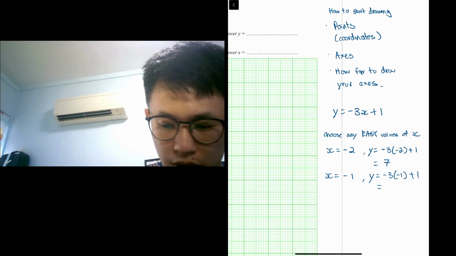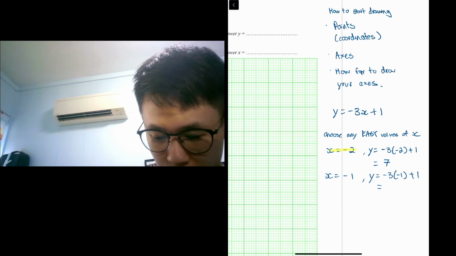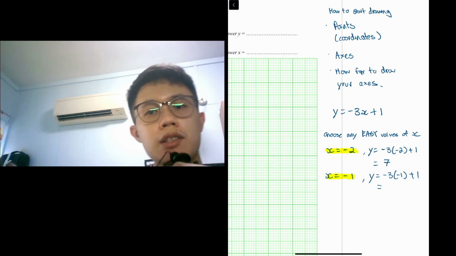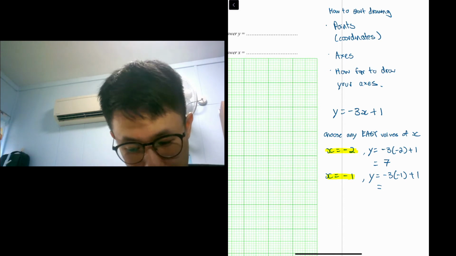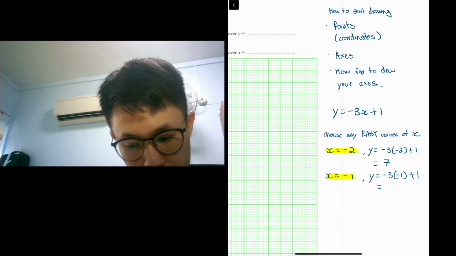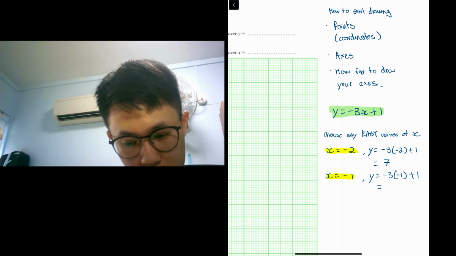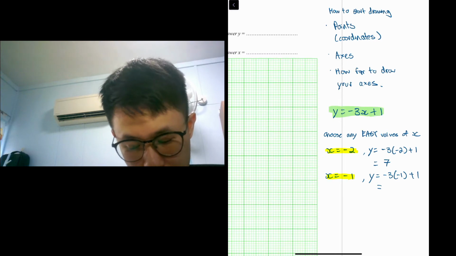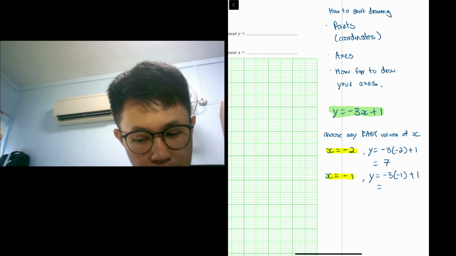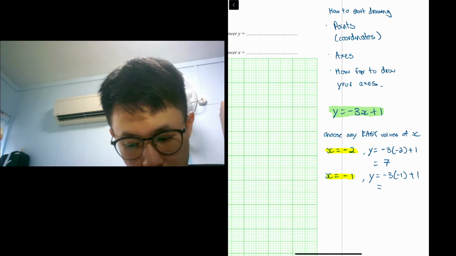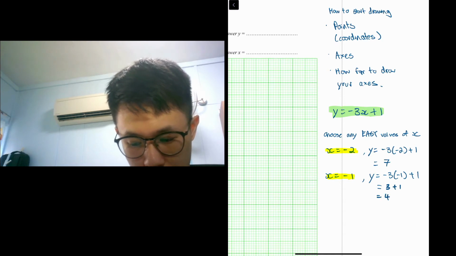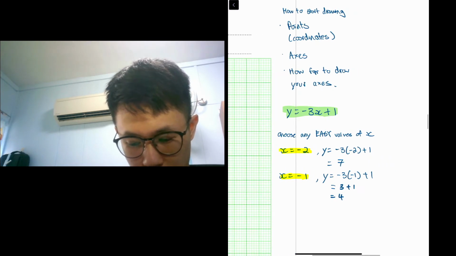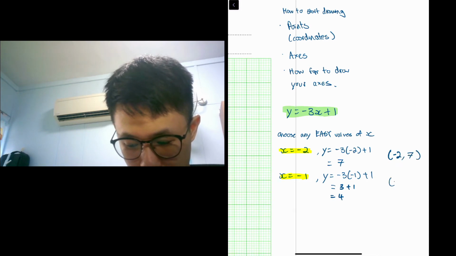Can you see that I'm choosing very simple values of x to find points on the function y equals negative 3x plus 1? The goal is to find easy points that lie on this function. Hence this will be 3 plus 1, which equals 4. So technically I have 2 points already: negative 2, 7 and negative 1, 4.